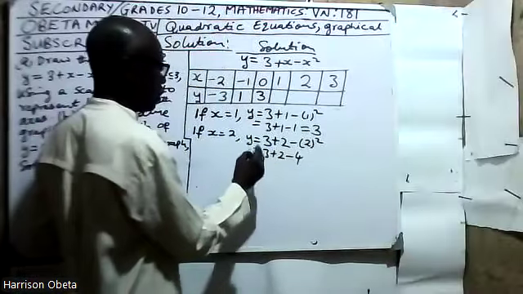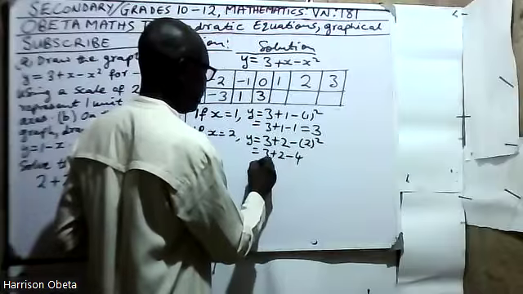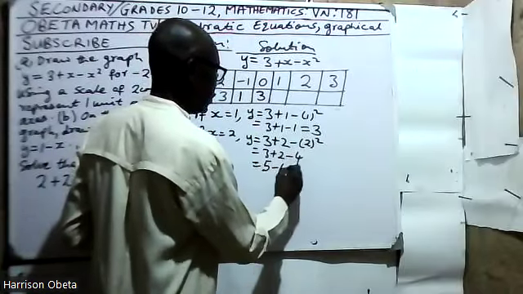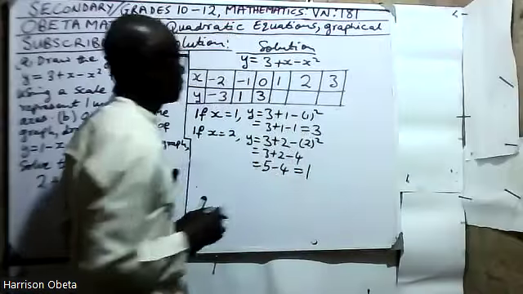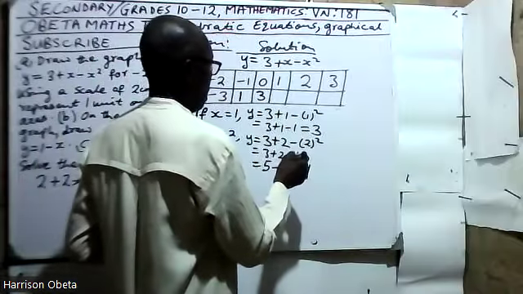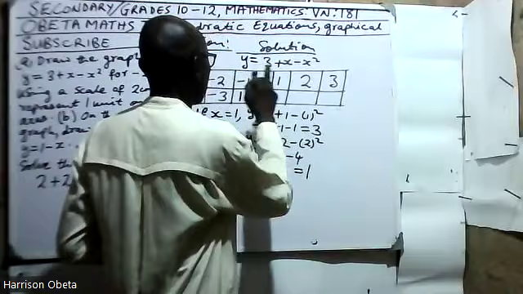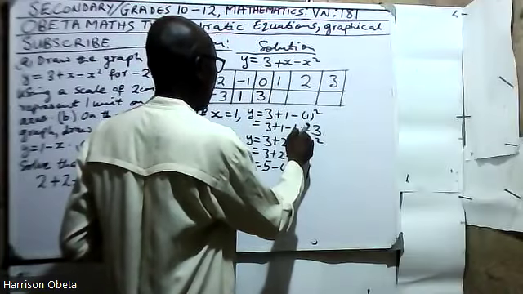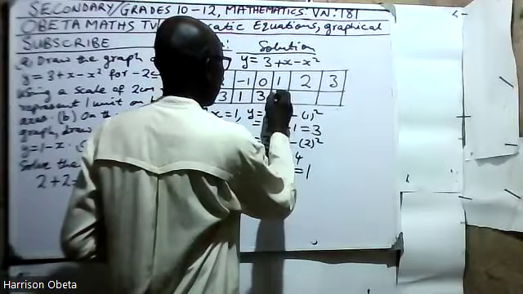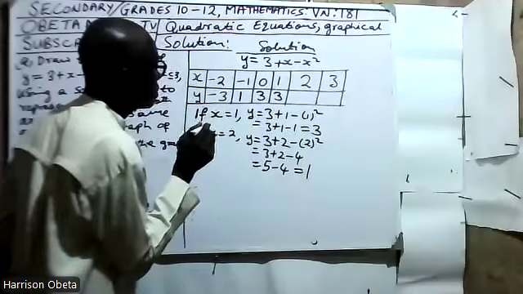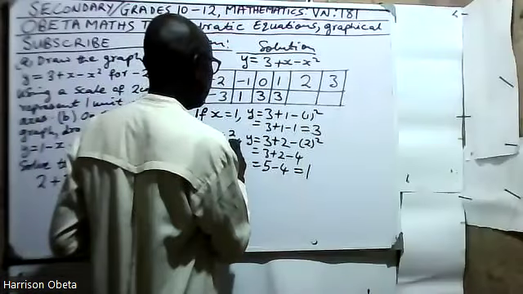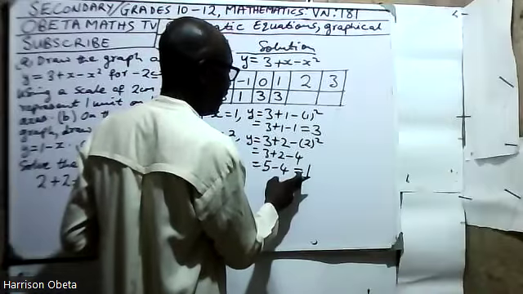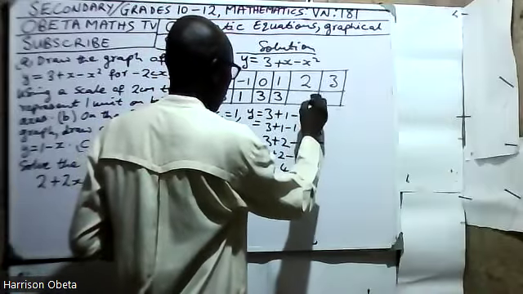And then this is 5 minus 4, which is 1. So when x is 1, we have y equal to 3. So our 3 is here. And then when x is 2, we are now having y equal to 1.